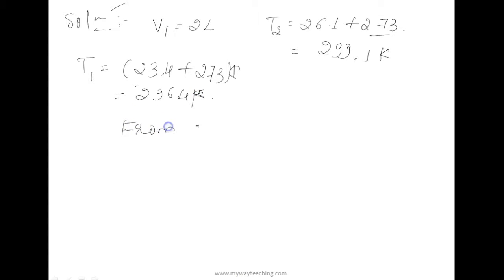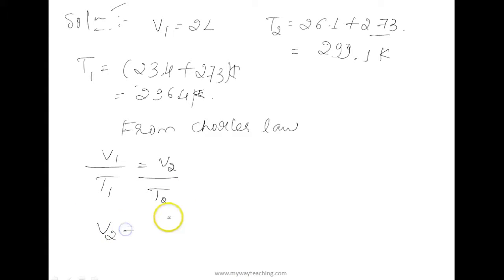From Charles's law, we know that V1 divided by T1 is equal to V2 divided by T2. Now we want V2, so V2 is equal to V1 into T2 divided by T1.